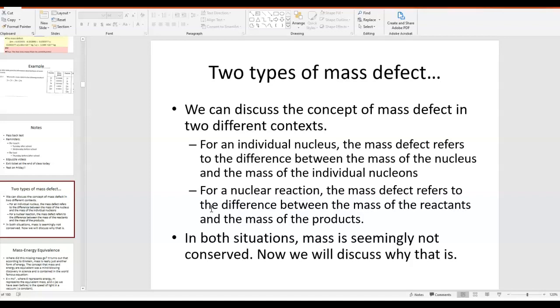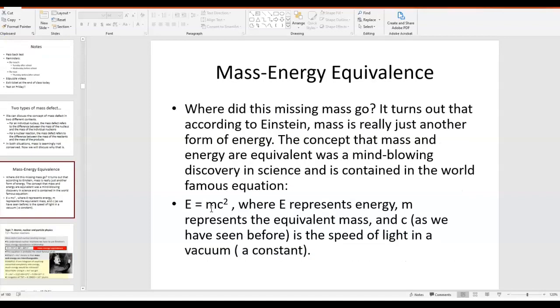The reason for that is it turns out that there is a thing called mass energy equivalence. If you break that down, we know what mass is, we know what energy is, more or less. Equivalence basically means 2 things are equal. And so the concept of mass energy equivalence is basically saying that mass is just another form of energy.